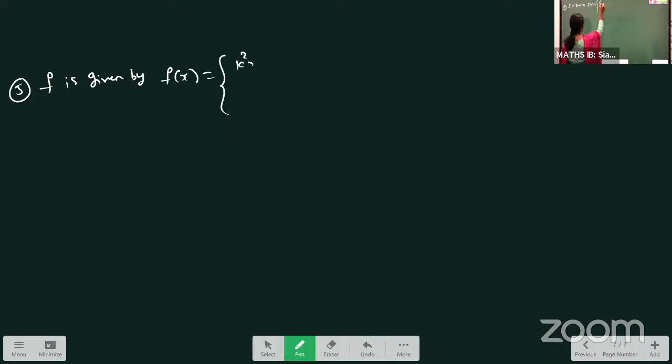F is given by f of x is equal to k square x minus k if x is greater than or equal to 1, and 2 if x is less than 1.